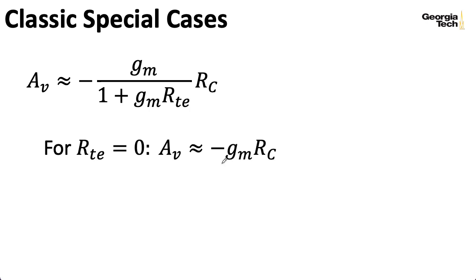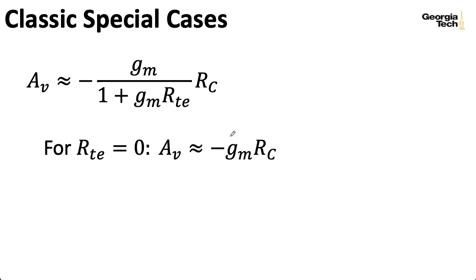So our voltage gain is the raw transconductance gain of the transistor times the collector resistance. Now this is problematic because this transconductance gain can vary all over the place in practice. So you generally only see something like this used if there's some other feedback mechanism somewhere keeping things under control.